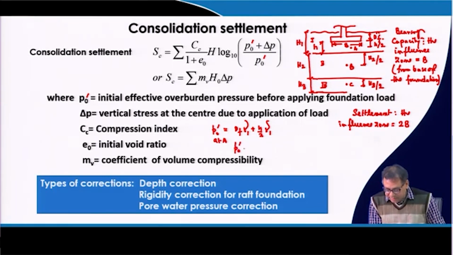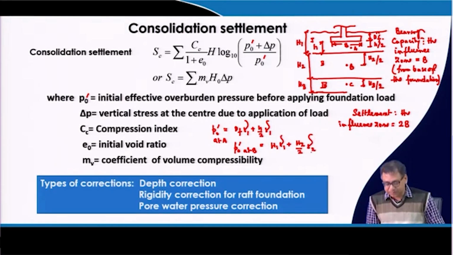Then P0 dash at B will be equal to H1 gamma 1 plus H2 by 2 gamma 2 and so on. So, this way I can calculate effective overburden pressure.